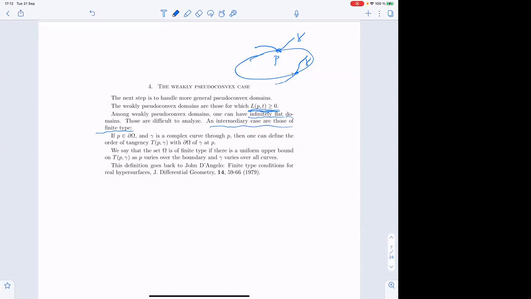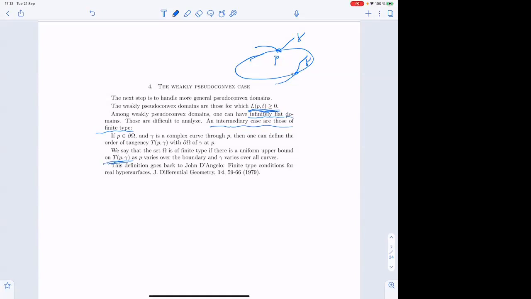You can measure this. And then we say that omega is of finite type if there is a uniform upper bound on this order of tangency, when p varies over the boundary, and gamma could be any curve through p. So finite type if there is a uniform bound on how large these numbers can be.